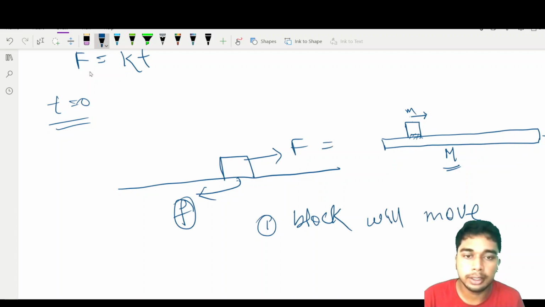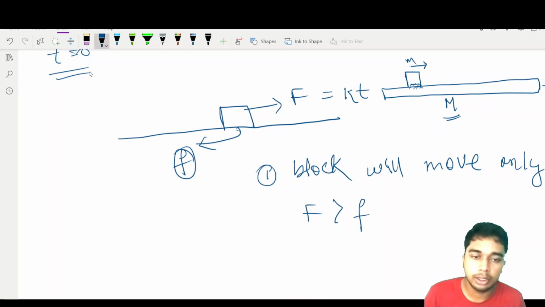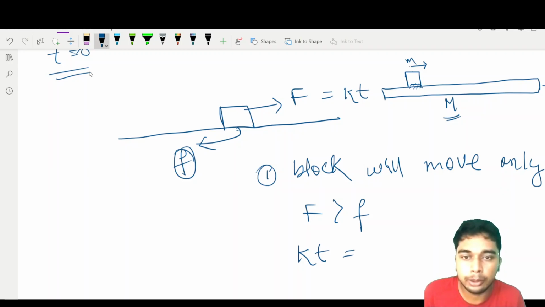For example, this I am writing, this is Kt. The block will move only if the applied force capital F is greater than small f. So I will write that F is Kt, and small f I already discussed.